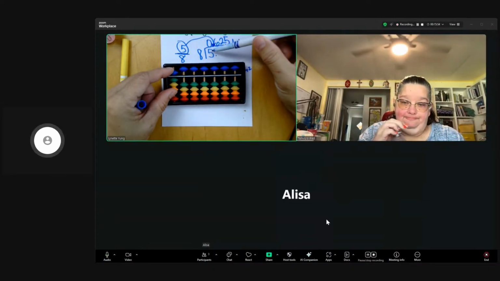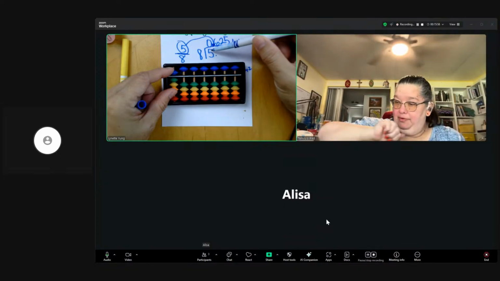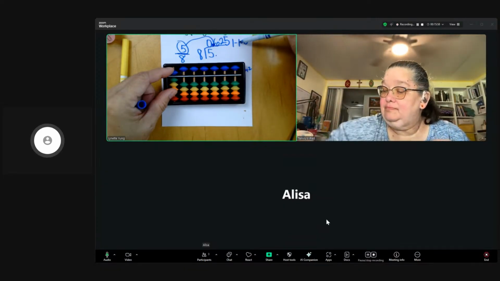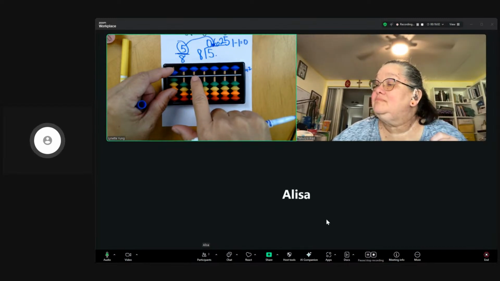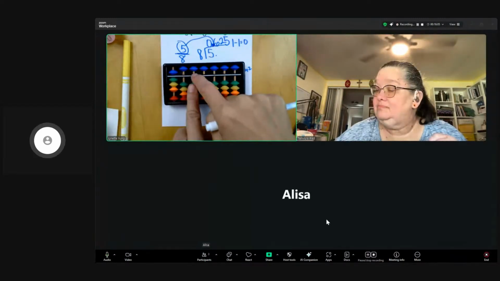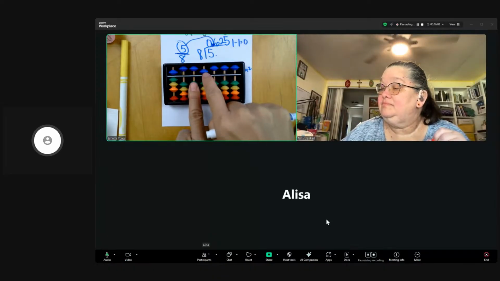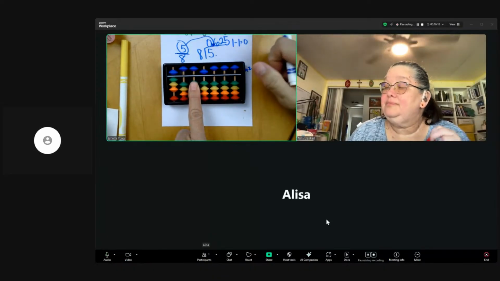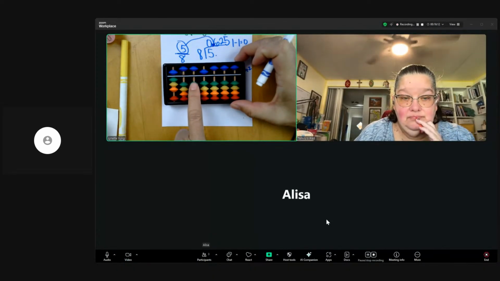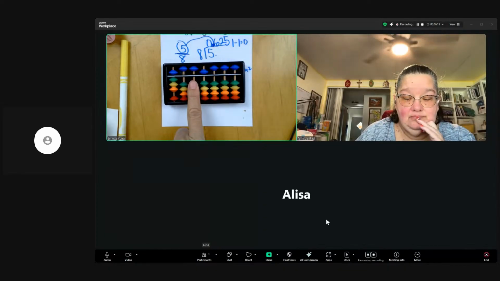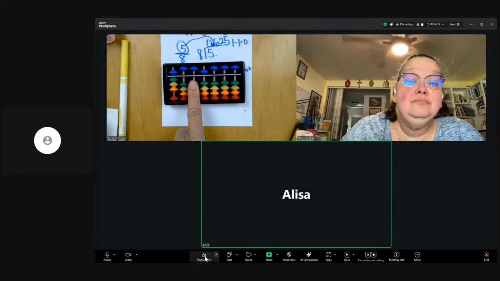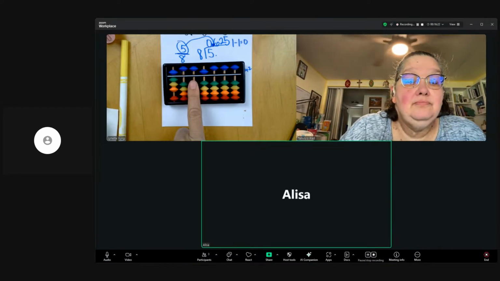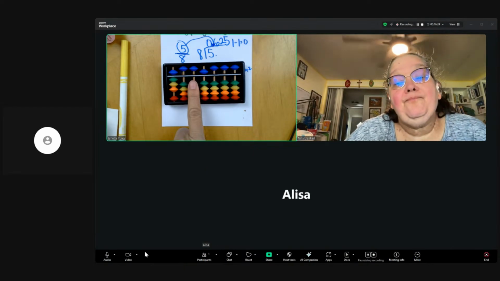So how do we find where to put our dividend? Remember, 1 minus 1 is equal to 0. So if this is 1, 0 is here. Our quotient is going to start here. We got to add our dividend, 5. Okay? Easy.